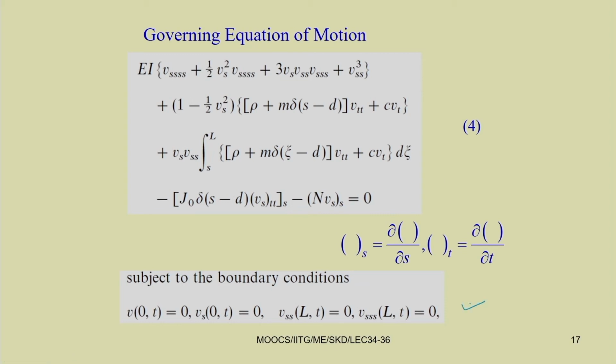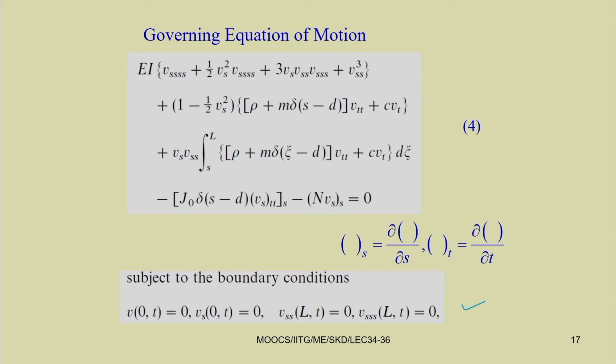These are the boundary conditions: v 0 t equal to 0, that is, at the base there is no displacement. Similarly, there is no slope at the base as it is fixed. Then v s s L t equal to 0, as we have a free end; mass is not attached at the end, rather mass is attached at an arbitrary position.